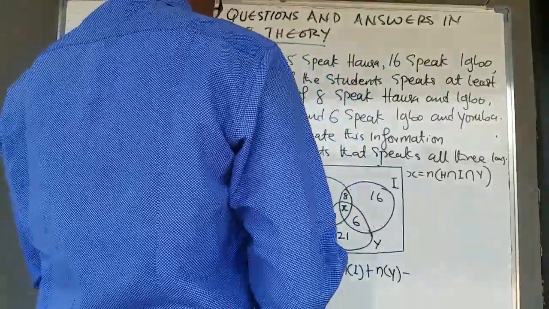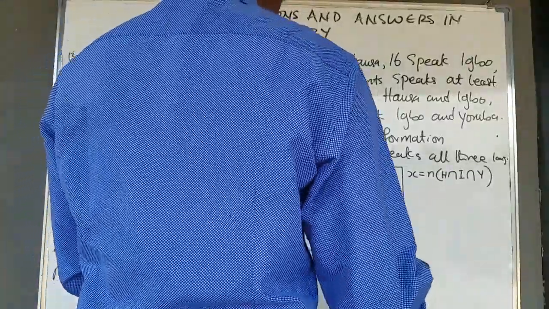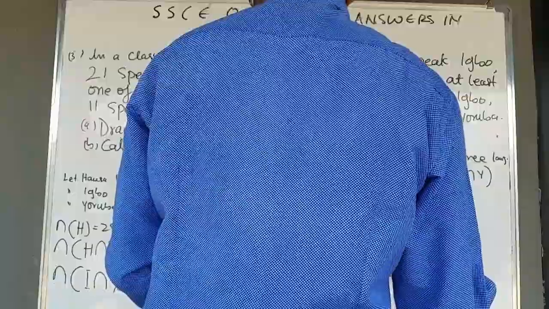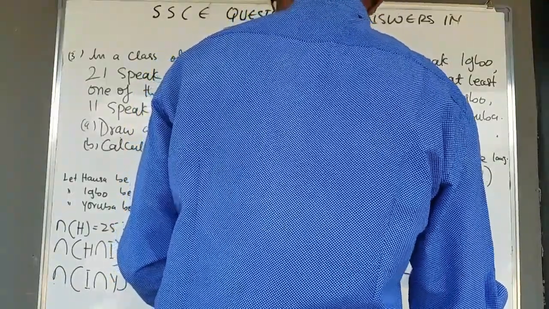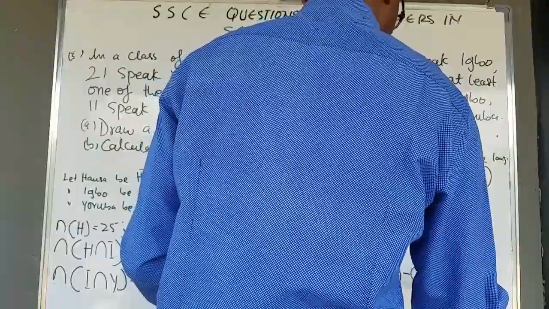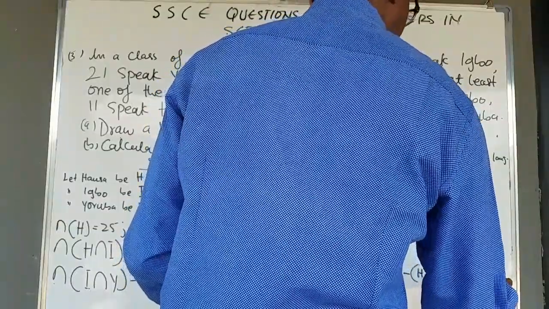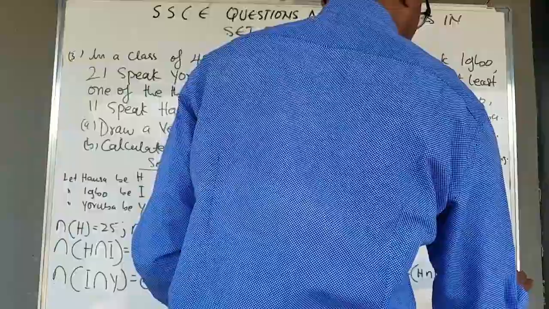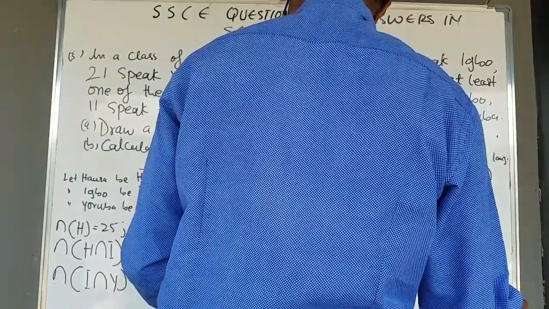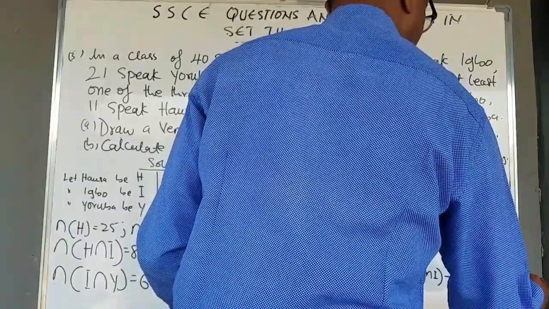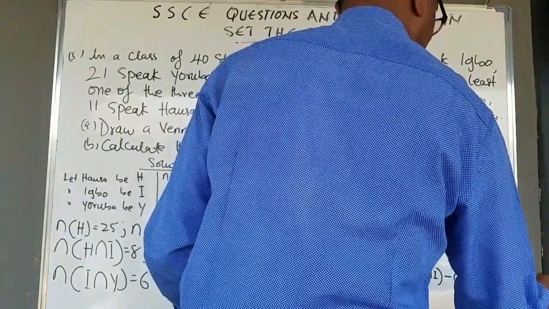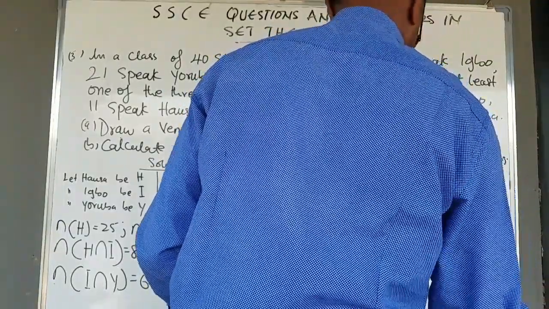minus the intersections here, which is minus Hausa intersection Igbo minus Hausa intersection Yoruba minus Igbo intersection Yoruba.